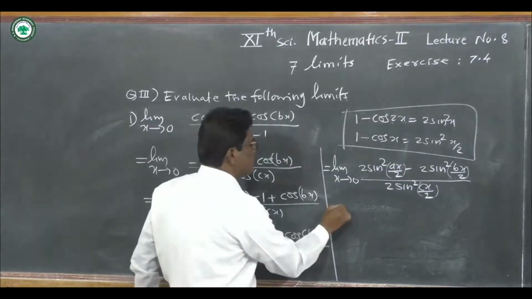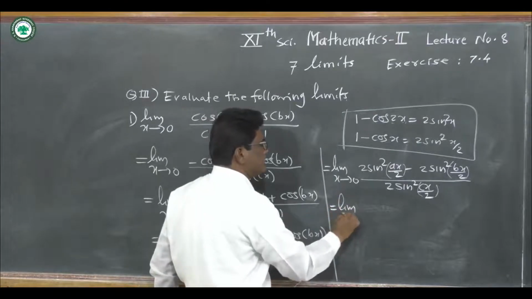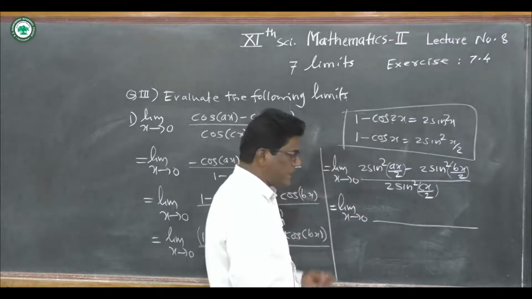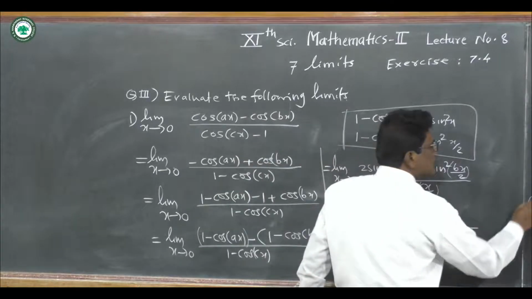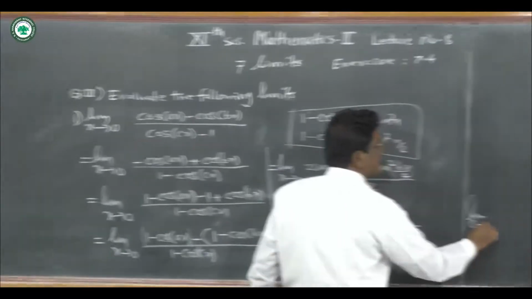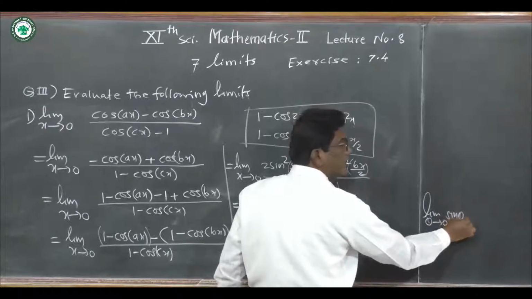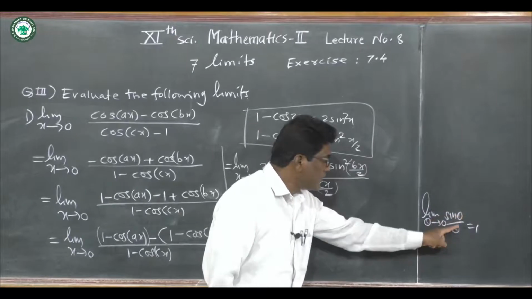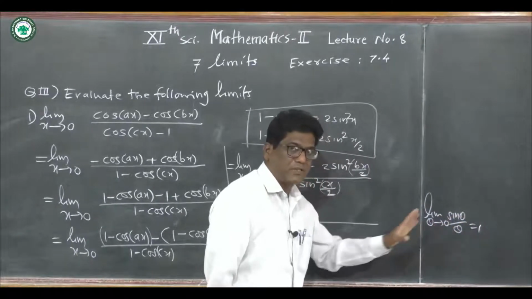So it is equal to limit as x tends to 0. Here we know the standard formula of sin theta, that is limit as theta tends to 0, sin theta divided by theta, that is equal to 1.